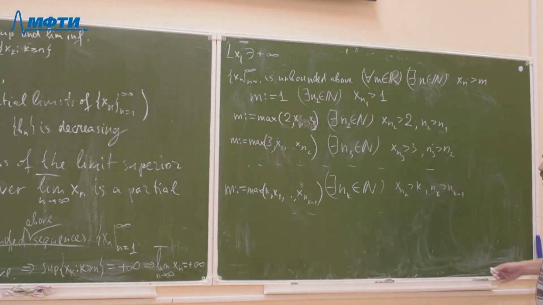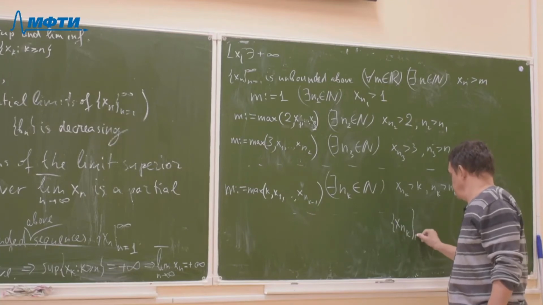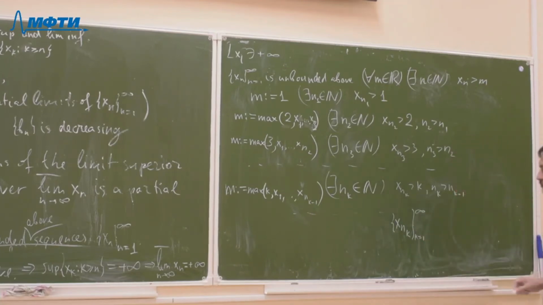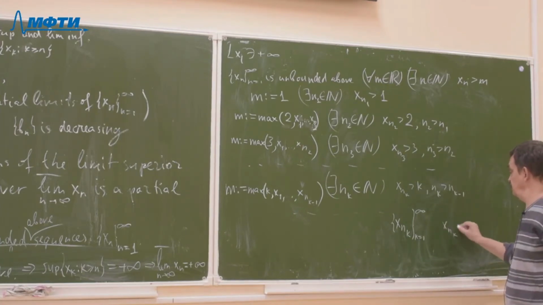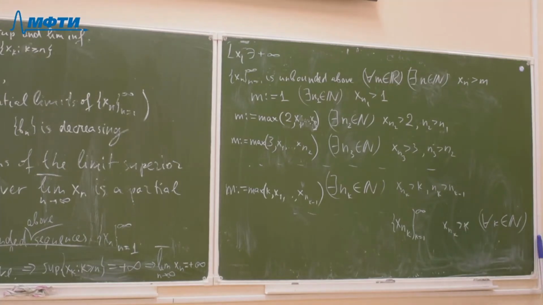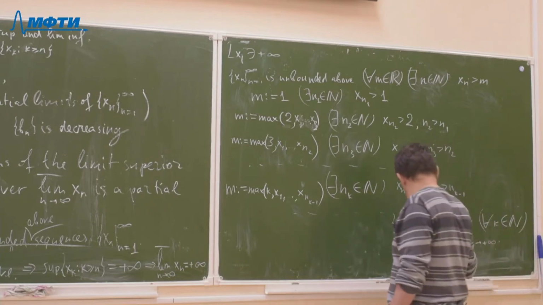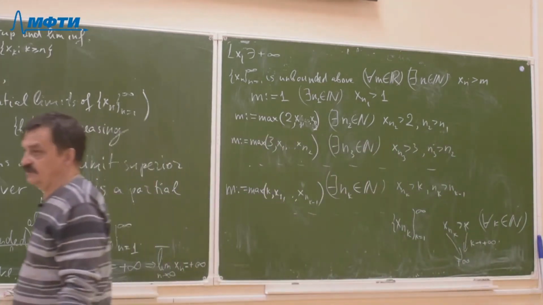Hence we have a subsequence x_(n_k) of our sequence x_n, and x_(n_k) is greater than k for all natural k. Then k tends to plus infinity as k tends to plus infinity, hence x_(n_k) tends to plus infinity as well.